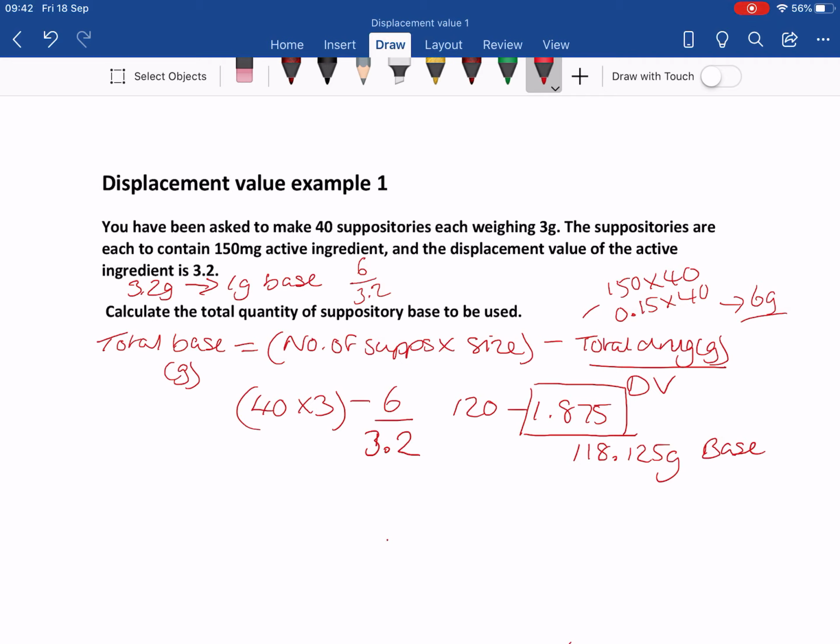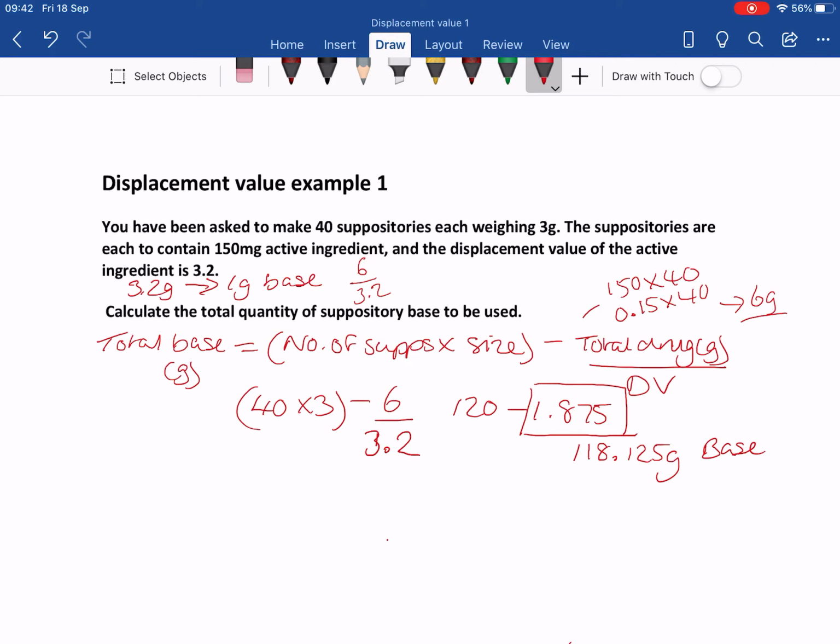So I know that's a little bit clunky. I hope you can get your head around it. I know a lot of students do really struggle with displacement value questions. So I think it's a good idea to keep reminding yourself what a displacement value means.